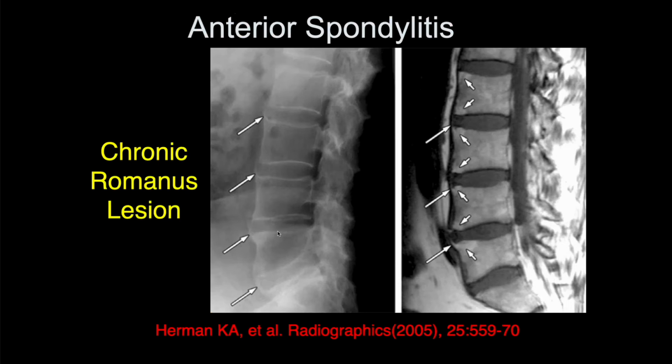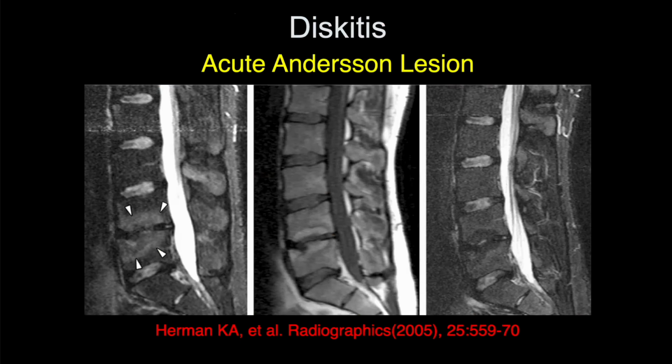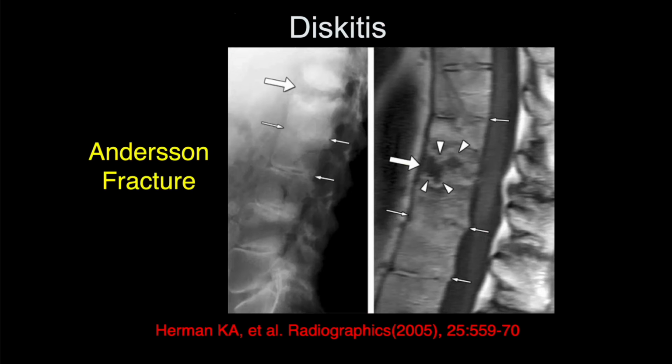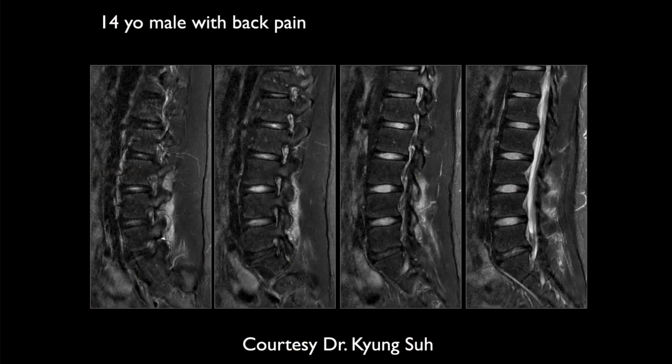Go ahead, John. And there's further examples. Let's see, Daniel. 14-year-old male with back pain. You can see STIR sequences, sagittal, showing some increased signal within the posterior elements, the facets at, I think, L3, 4, or 5.